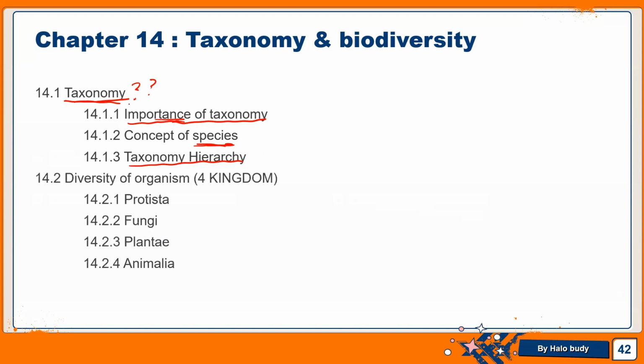After you have learned the taxonomy concept and theory, then you will learn about the diversity of organisms. That is actually the 5 kingdom system.